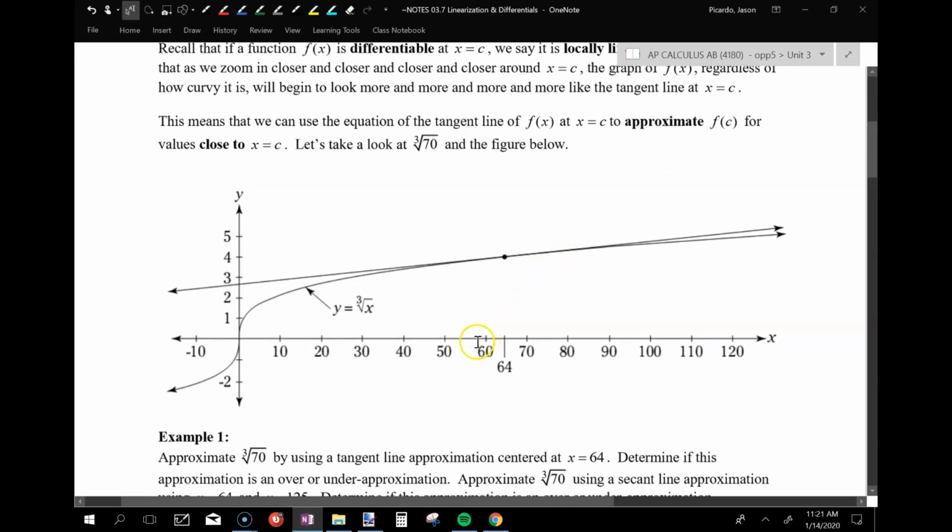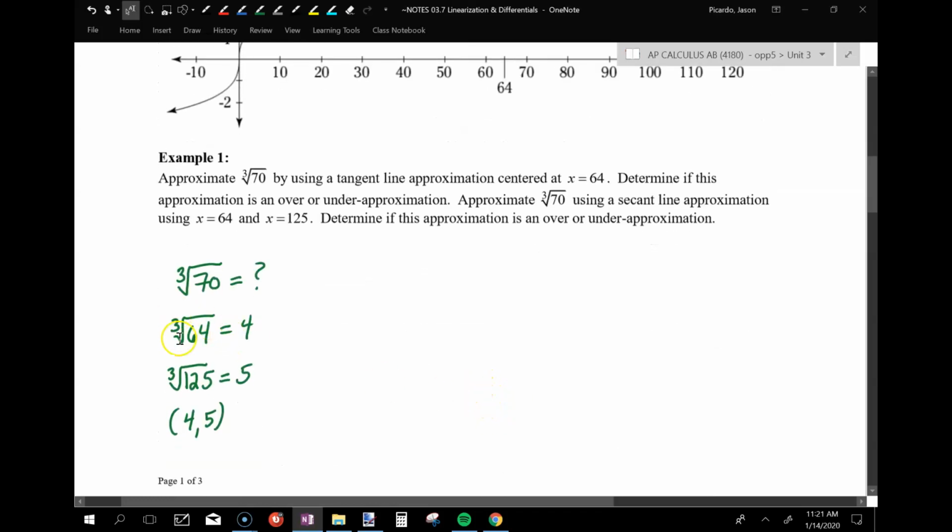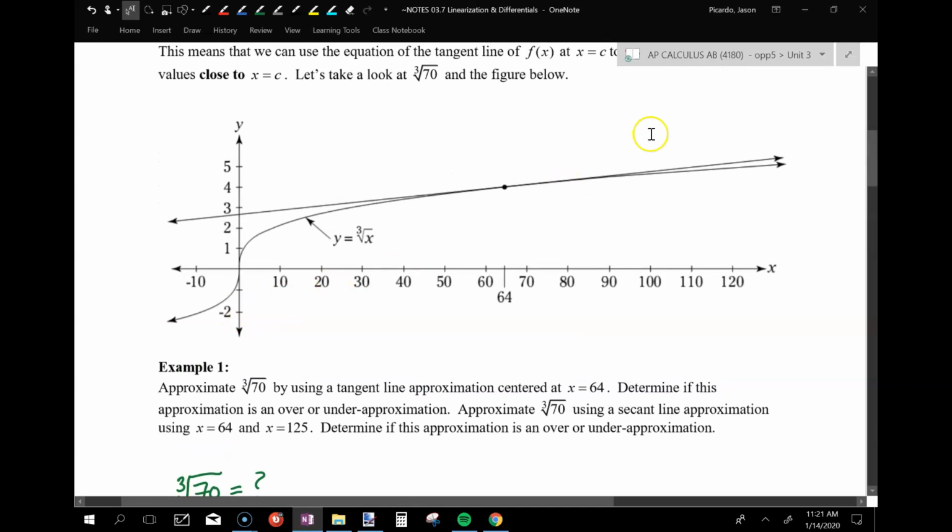So what if I linearize this graph by finding the equation of this tangent line and then plugging in 70? Now, where might I find the equation of the tangent line? How about at a value that we know? How about the cube root of 64? If we find the tangent line at the cube root of 64, then the cube root of 70 is pretty darn close, isn't it?